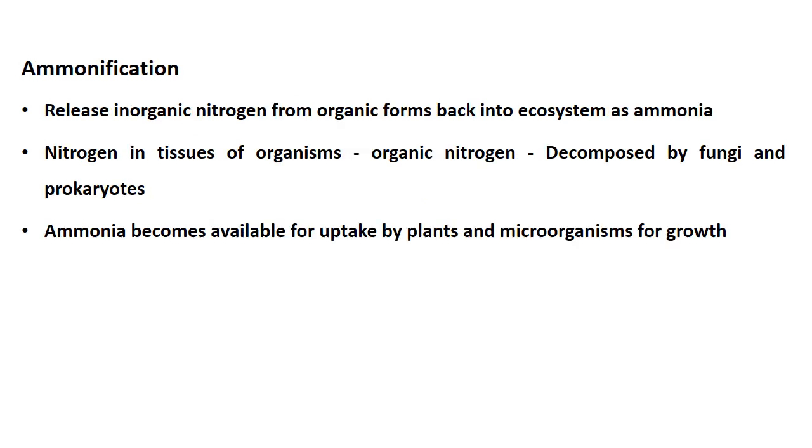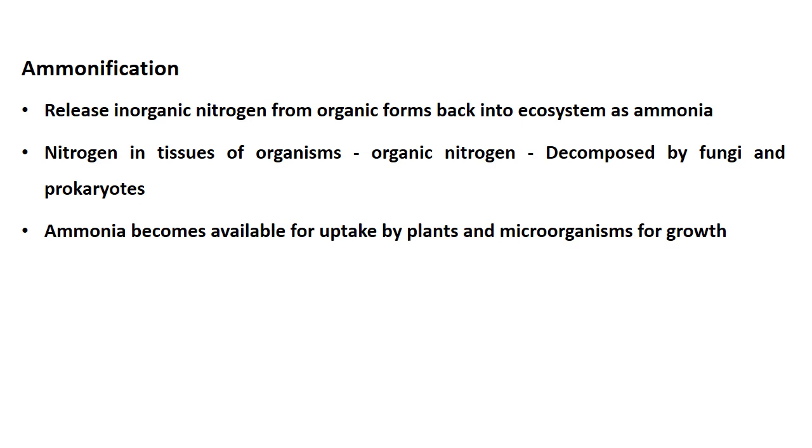The next process in nitrogen cycle is ammonification. Nitrogen in the tissues of organisms is present in the form of organic nitrogen, and it gets decomposed when the organism excretes waste or when the organism dies.